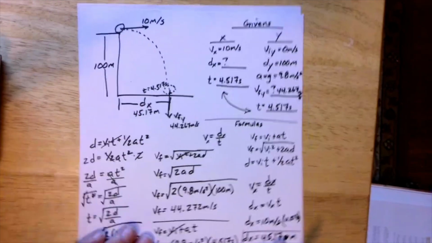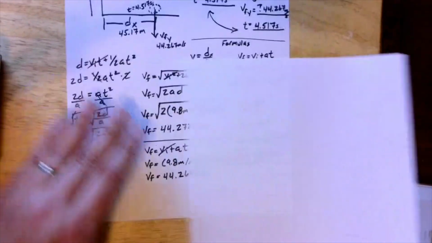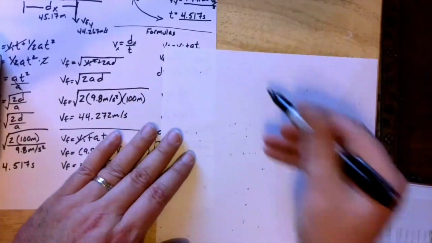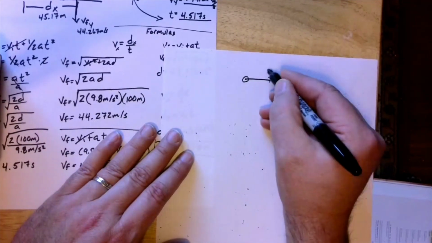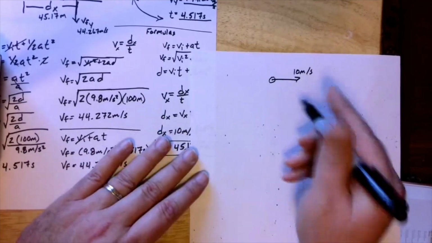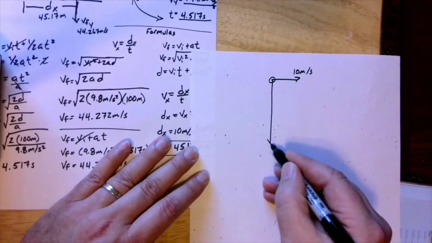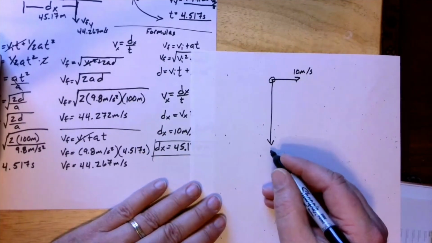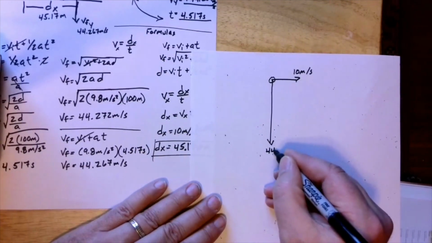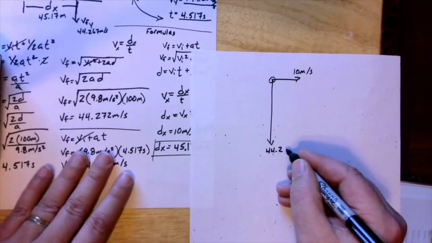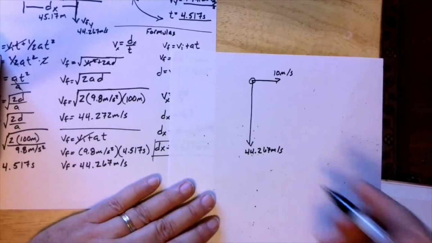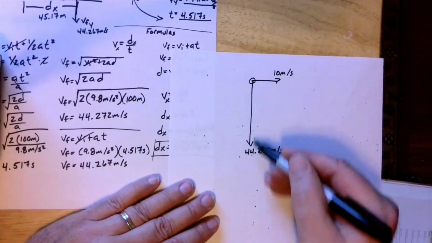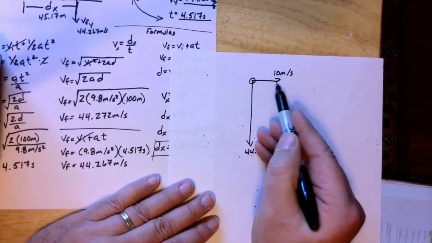But let me just point out something here, that the projectile is going 10 meters per second horizontally, and also going, something a little closer to scale here, 44.267 meters per second vertically. That means at the point of impact, vertically it's traveling this fast. Horizontally it's still traveling 10 meters per second.